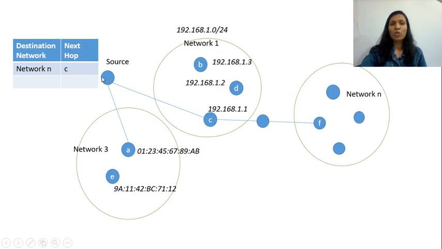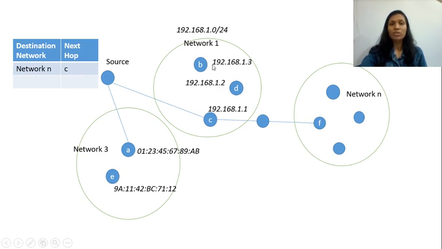Now, if a source wants to send some data to one of the devices present in network 1, the source will have to keep a routing table, and in the routing table the source will have just one destination, the destination network ID, and how to reach the network.